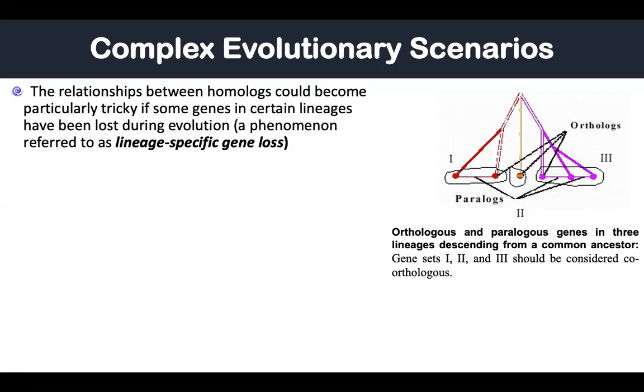Okay. Moving on, relationships between homologs could become particularly tricky if some of these genes in certain lineages have been lost during evolution. So if certain genes are lost, due to adaptation or environmental challenges, then it will be even more difficult to pinpoint what happened, or to explain what has happened, right?